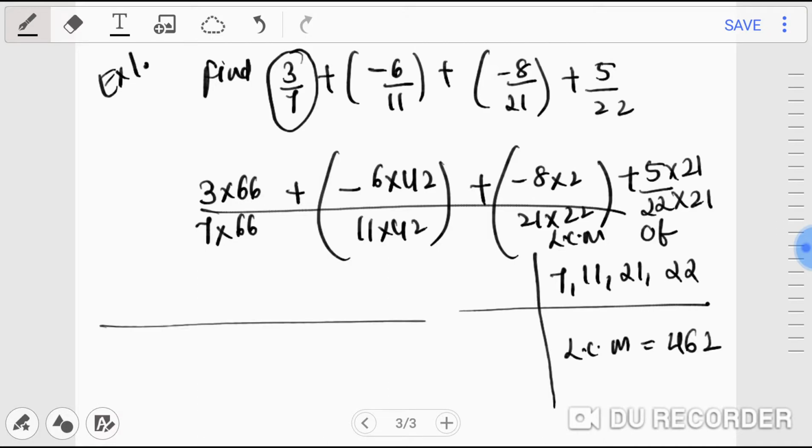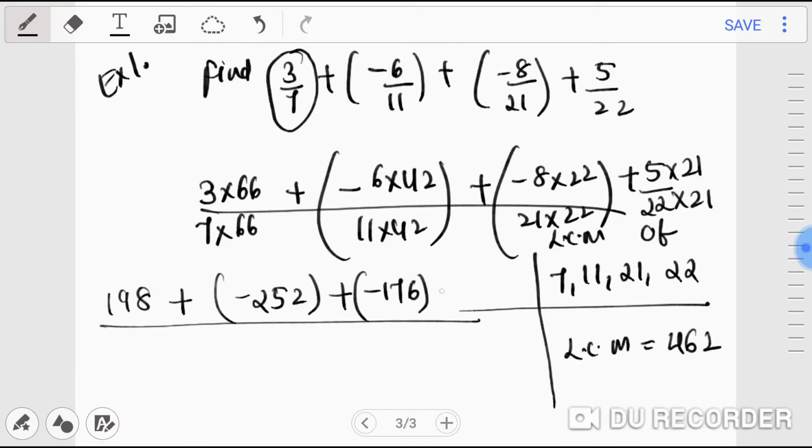So now you have 66 into 3, that is 198, plus minus 6 into 42, that is minus 252, plus minus 8 into 22, that is minus 176, plus 21 into 5, that is 105, and the common denominator 462.